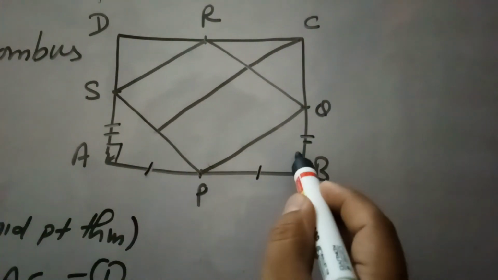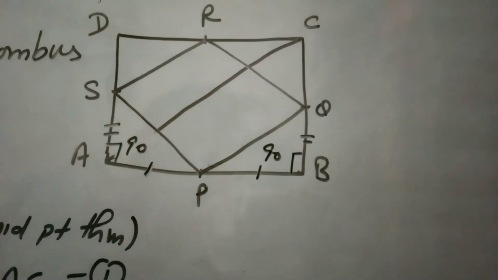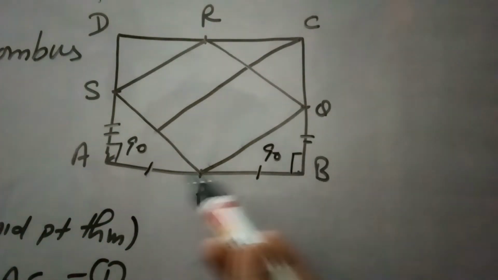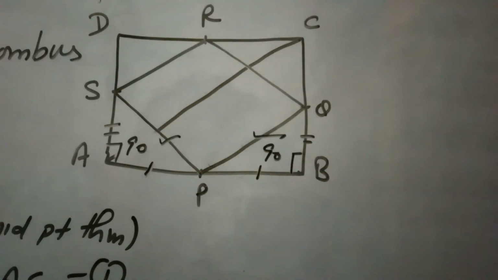And angle A equals angle B, which is 90 degrees, because they are angles of a rectangle. So by side-angle-side congruency, both triangles are congruent. So SP and PQ will be equal to each other. And if in a parallelogram two adjacent sides are equal, then it is a rhombus. This way we prove that it is a rhombus.